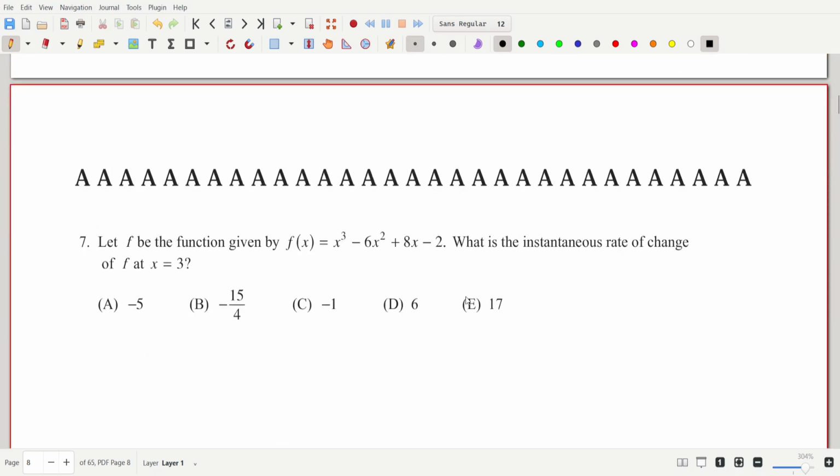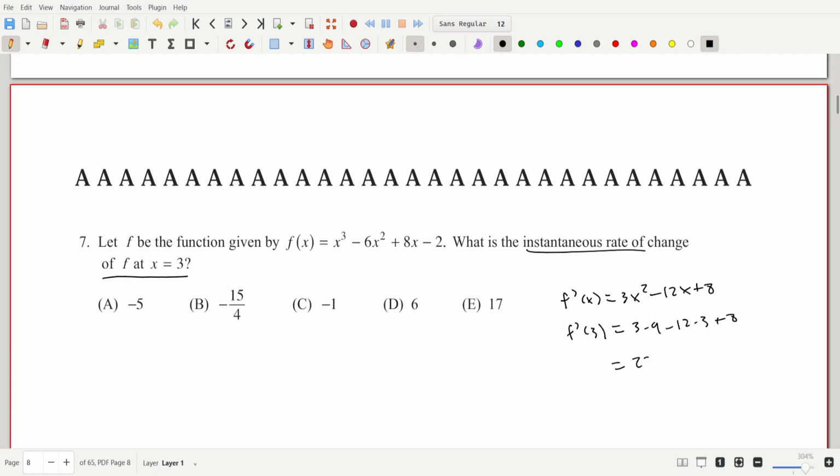7. Let f be the function given by whatever. What is the instantaneous rate of change of f at x equals 3? Okay, instantaneous rate of change is just the derivative. 3x squared minus 12x plus 8 at 3. f prime of 3 is 3 times 9 minus 12 times 3 plus 8.